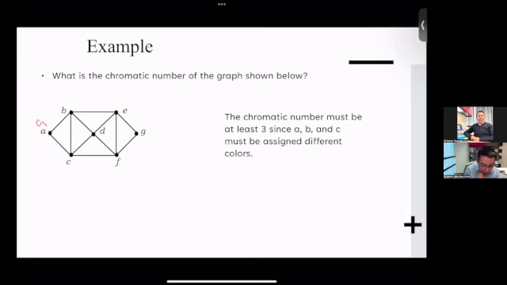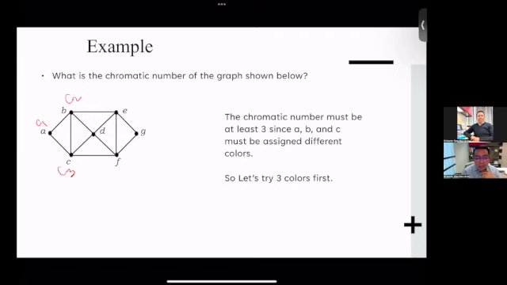So I will necessarily use a different color here, color 2, and I cannot use color 1 nor color 2 for C because they are all connected. So necessarily I will have to use a third color here. And this means that at least I need 3, maybe more, okay?